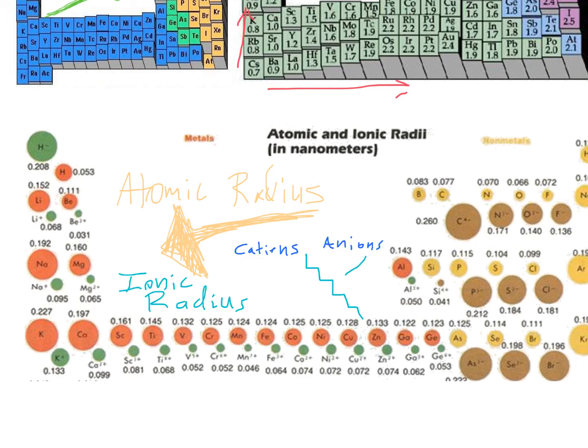And my arrow does the same thing as atomic radius, but it restarts at the metalloid line. So when you cross this metalloid line, we restart at being really, really tiny again. Remember, my anions get much larger, and my cations, they still get larger going down, but they were much smaller than their original. So I'm going to reset at the metalloid line.